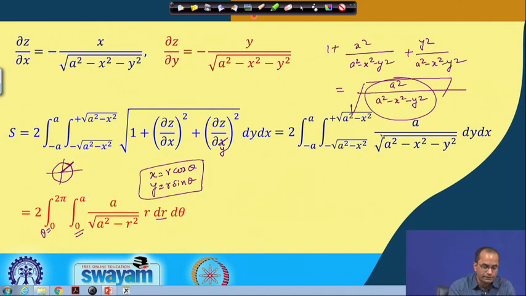We have the integrand a over square root a square minus x square plus y square, which will give us x square plus y square is equal to r square. So, we have a square minus r square and this factor r, which is the Jacobian, or directly we have also seen from the polar coordinate that we get an additional factor r.